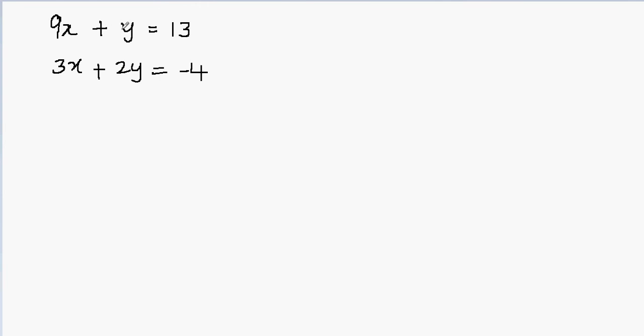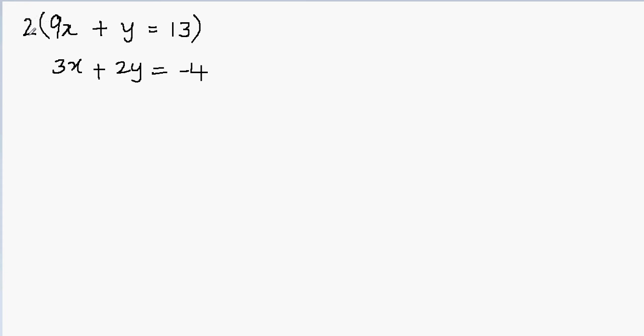So we can multiply this equation by 2 to make this term 2y. I've decided that I want to eliminate y from my equation. It's up to you. If you want to eliminate x, you can do that. But I will eliminate y, so I will multiply this equation by 2.